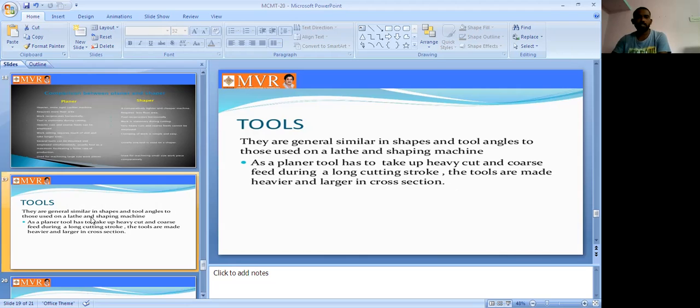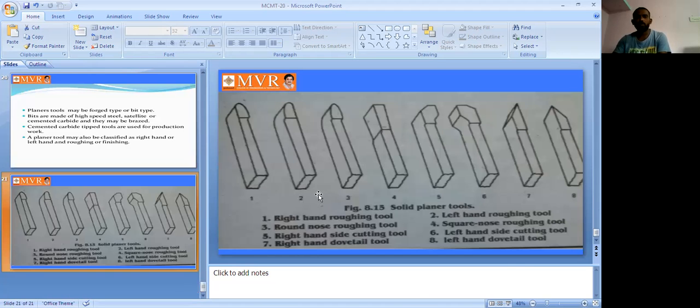Next, see here different types of tools. We have 8 kinds of tools, and by using these eight kinds of tools we produce different operations. First of all, the right hand roughing tool, this one.